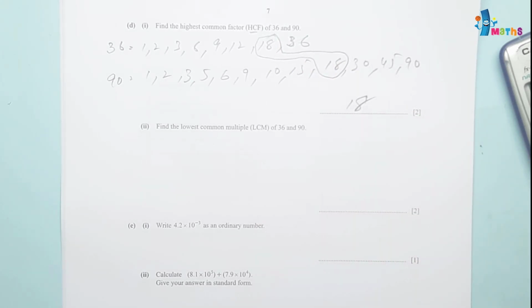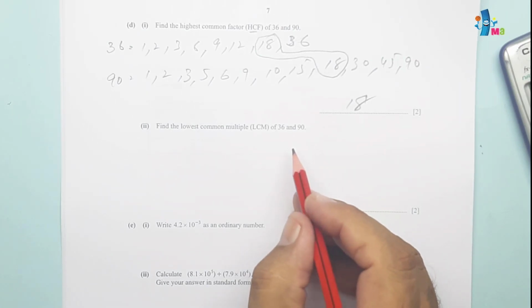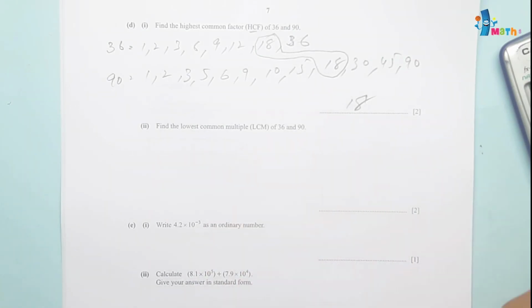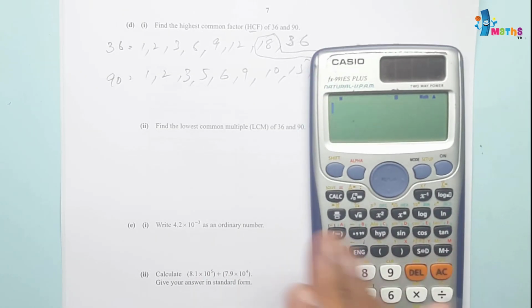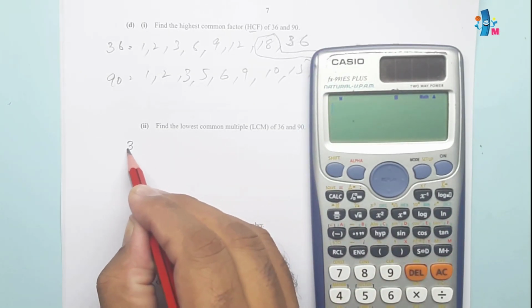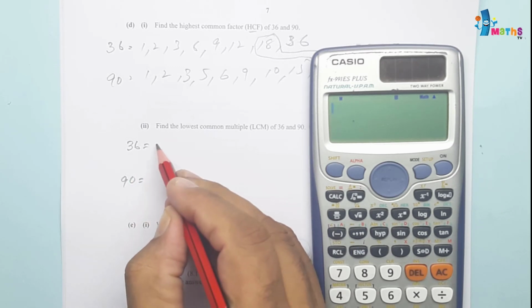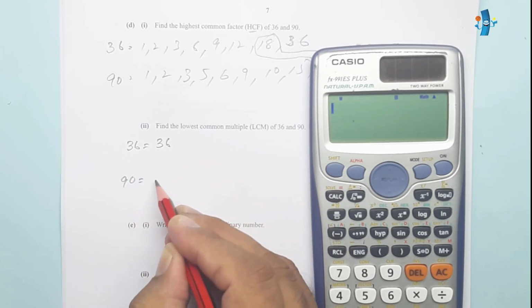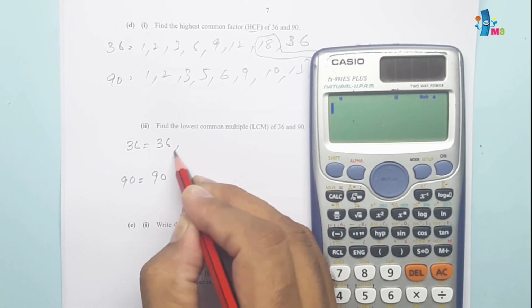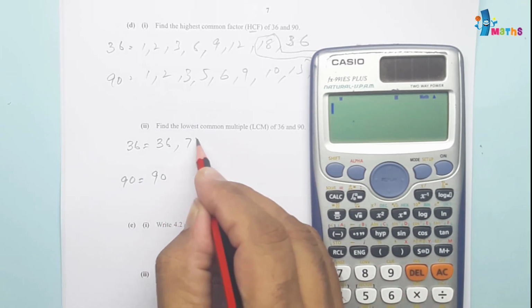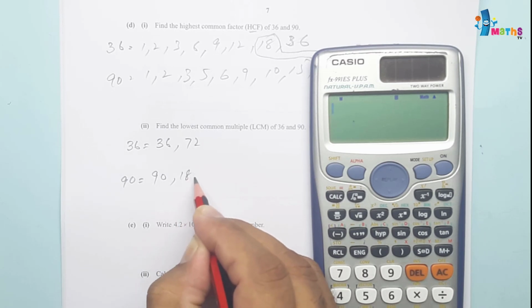And then comes find the lowest common multiple, LCM, of 36 and 90. We can use the calculator for this, an easier way. We will multiply them starting from 1. 36 ones are 36 and 90 ones are 90. 36 twos are 72 and this will be 180.